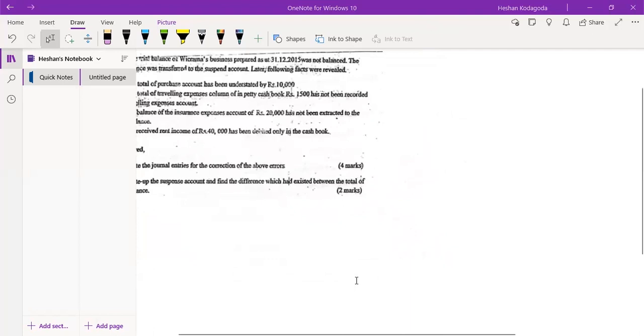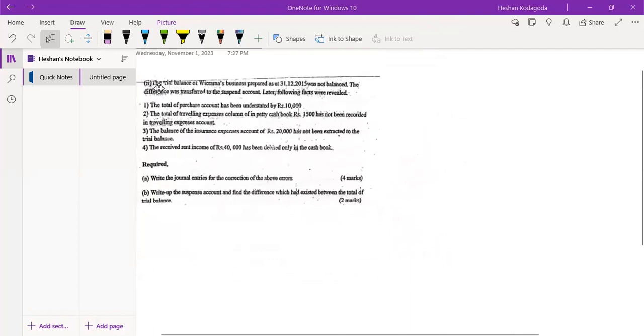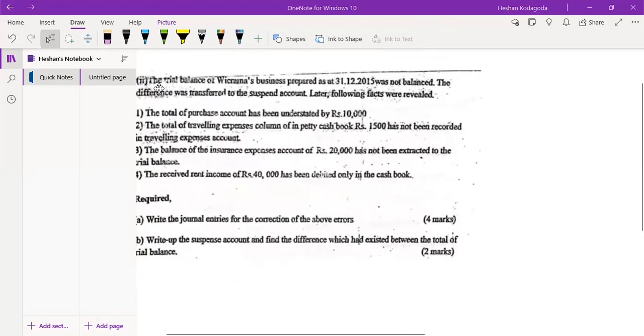The difference was transferred to the suspense account. Later, following facts were revealed. Okay, so these are the facts revealed. So write the journal entries for the correction of above errors, and the other one, what we need to do, write up the suspense account and find the difference that had existed between the totals of the trial balance.